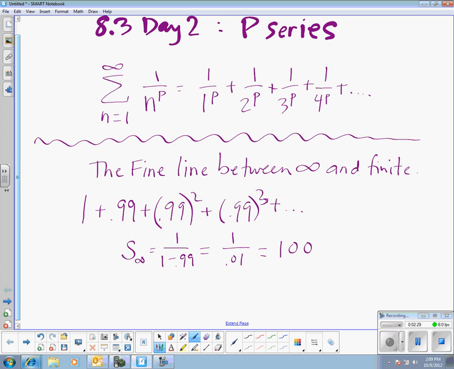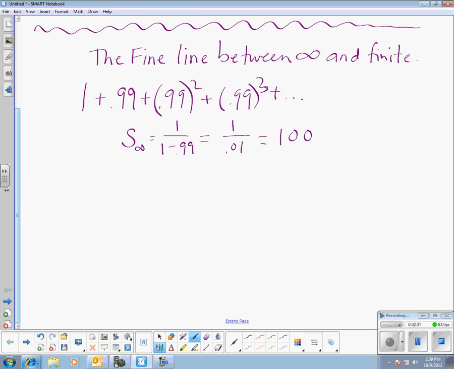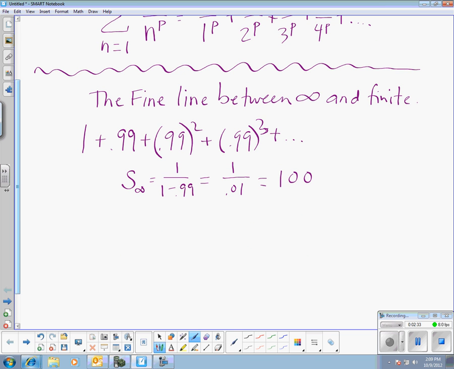So that r being 0.99, with geometric, anytime the r is a fractional value or value less than 1, then it converges. If I had the same setup, and I started with 1 and I multiplied by 1.01, this thing adds up to infinity because that's geometric with an r value of 1.01.